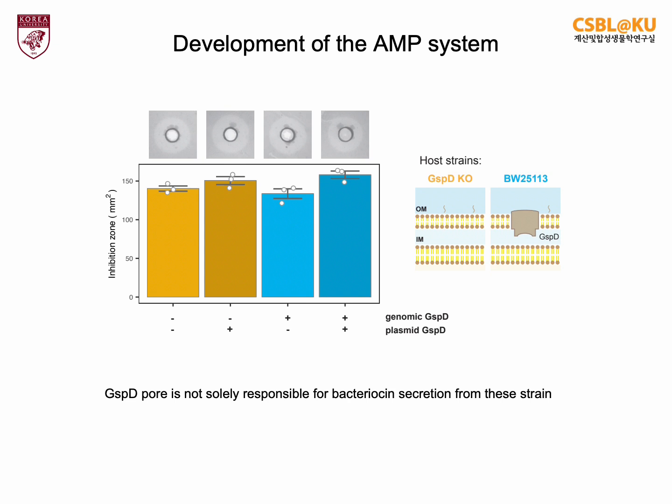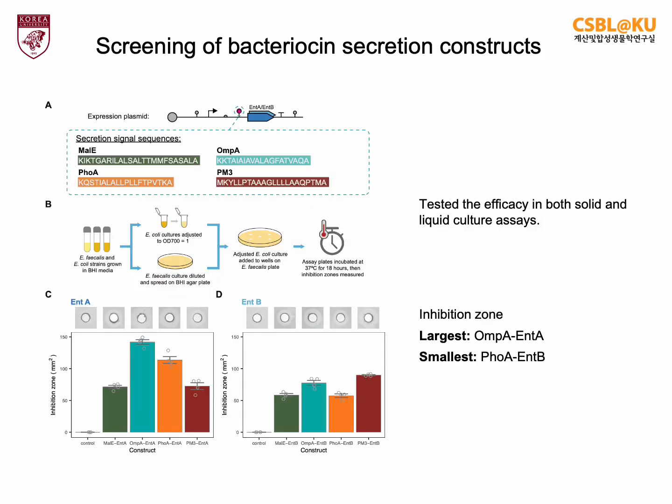This will need to be explored further to identify which secretion pores are responsible for the activity seen with these engineered strains. They tested efficacy of the platform against the Enterococcus faecalis in both solid and liquid culture assays.